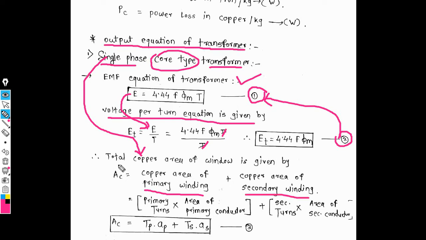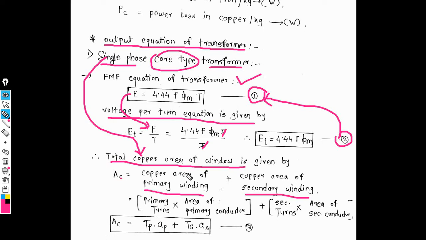Now the total copper area of the window is given by Ac, where c indicates copper, equal to the copper area of the primary winding plus the copper area of the secondary winding.